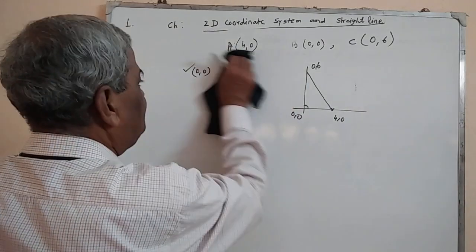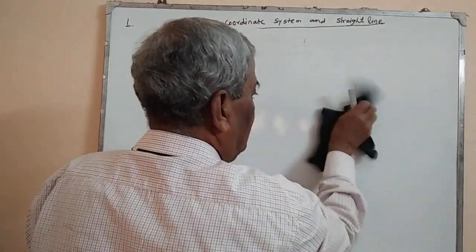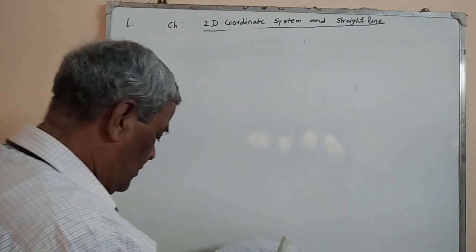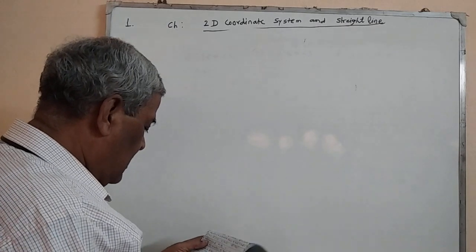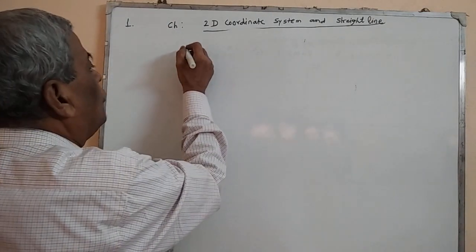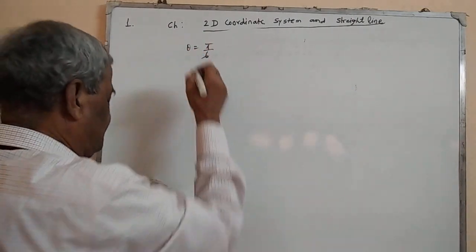Next problem. Find the Cartesian form of theta is equal to pi by 6.